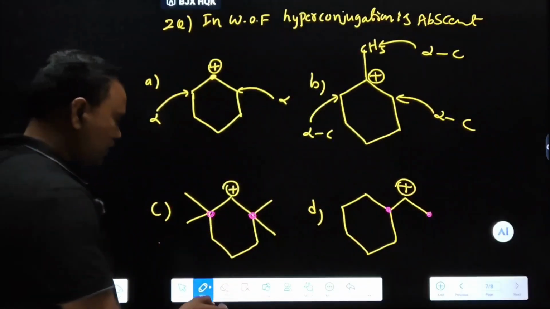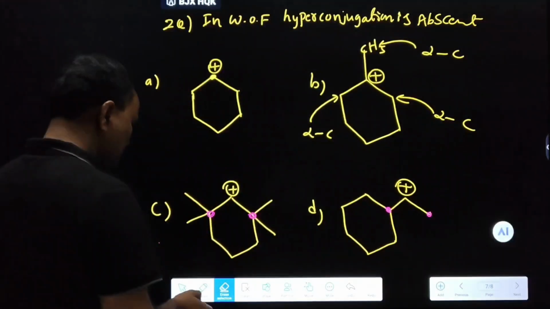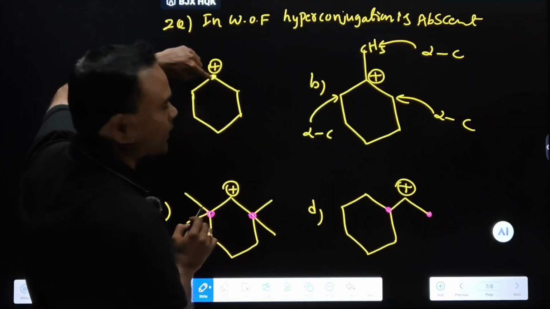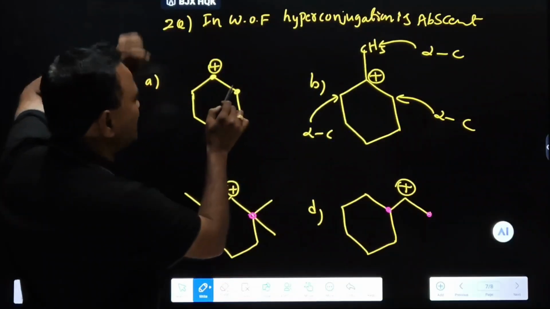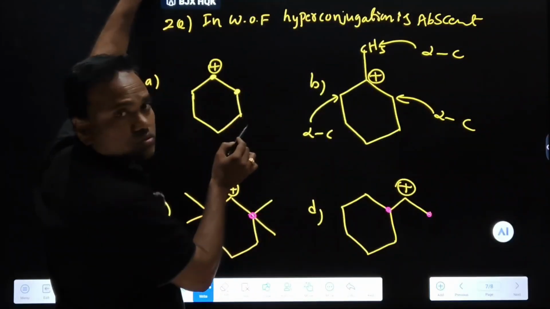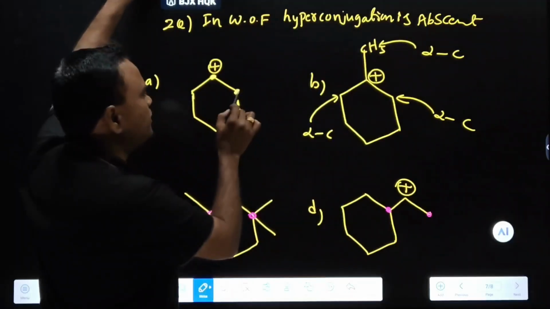First one. Okay, I am erasing these alpha positions to write hydrogens. Okay, let us start. This is carbocation. Next carbon is alpha. You tell me, this carbon contains how many hydrogens? Just now explained. This carbon is connected to how many bonds? 1, 2. Only 2 bonds.